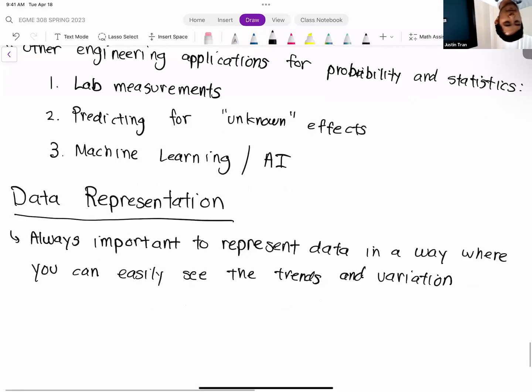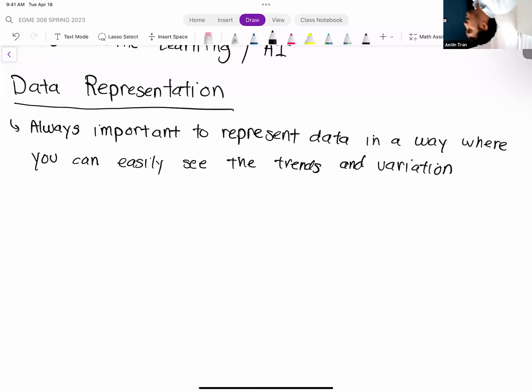And so the first thing that people use to just record data is to put it in a tabular or ordered list type of format.